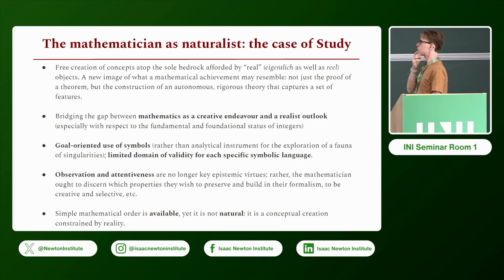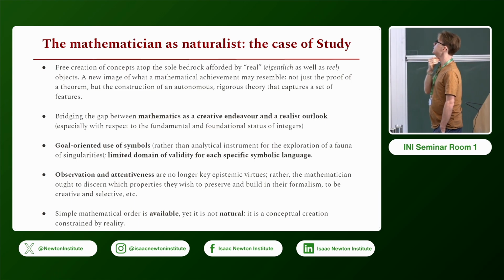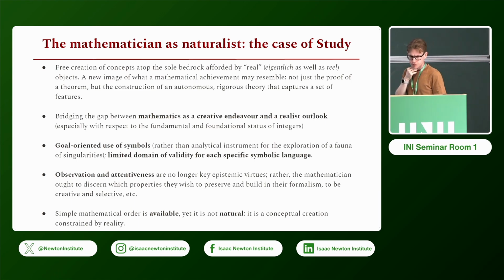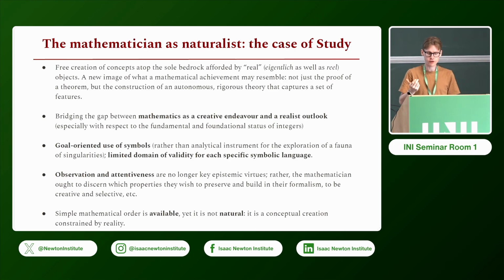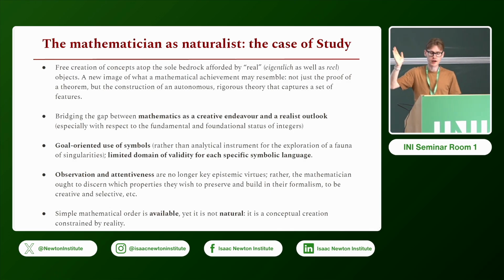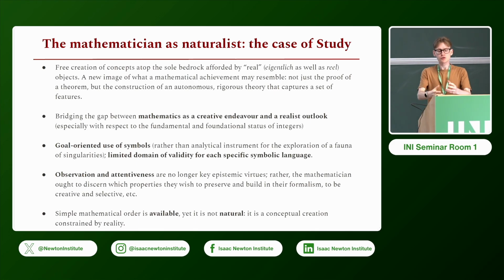So how can we describe Schulli's mathematics as another kind of naturalist mathematics? Well, here, unlike with Halphen, we have an emphasis on the free creation of concepts atop the bedrock afforded by real objects, real being both, in Schulli's text, eigentlich, so actual objects, and real as not complex.